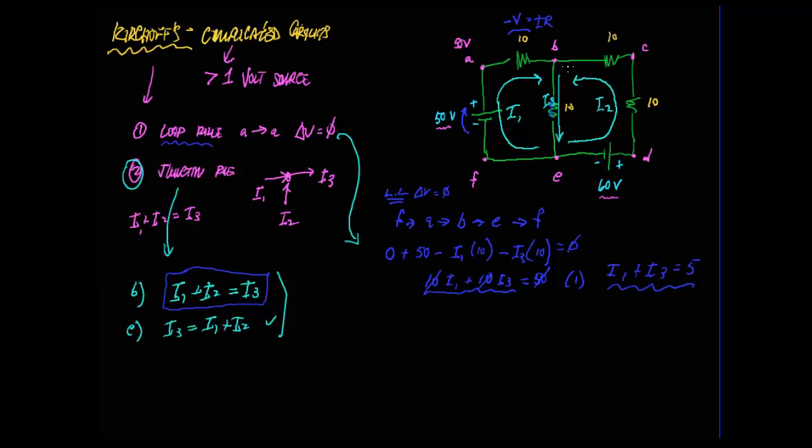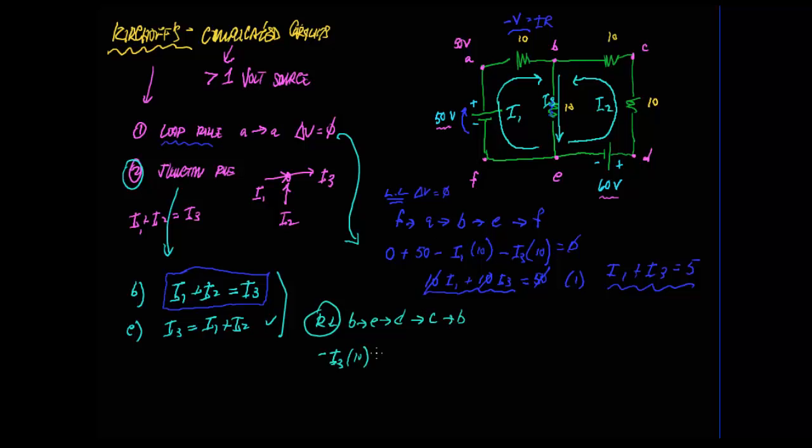Let's do the right loop here. For the right loop, I'm going to try to go in the same direction as current, so I'm going to go from B to E to D to C back to B. Alright, and real quickly, from B to E, again, I am losing voltage. There's a voltage drop because I'm going in the direction of current, so that's going to be a minus I3 times 10.